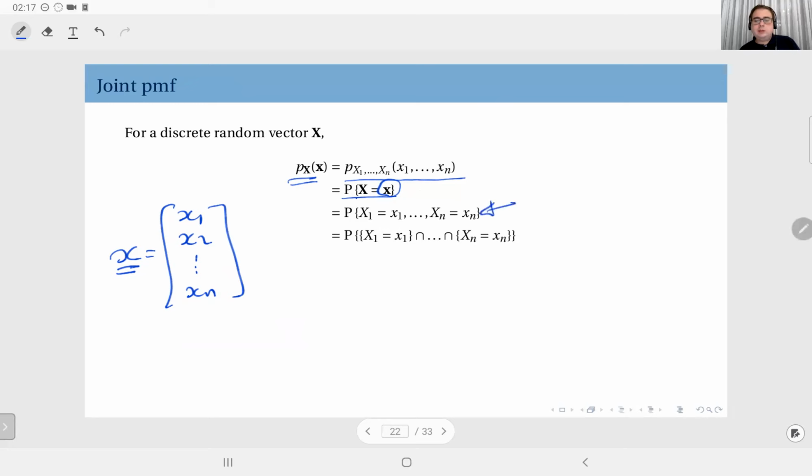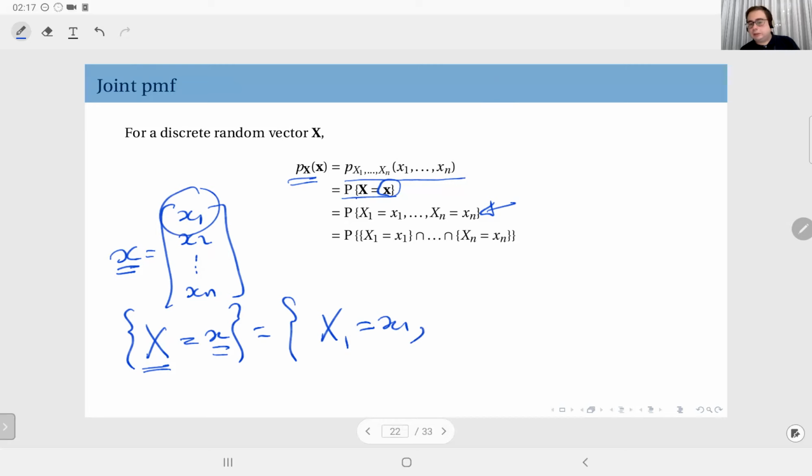The random variable X being equal to parameter x is equivalent to the first component of the random vector being equal to the first component of the parameter vector, and, not or, the second component also equal to the second component of this vector, and finally the final component equals the final component.